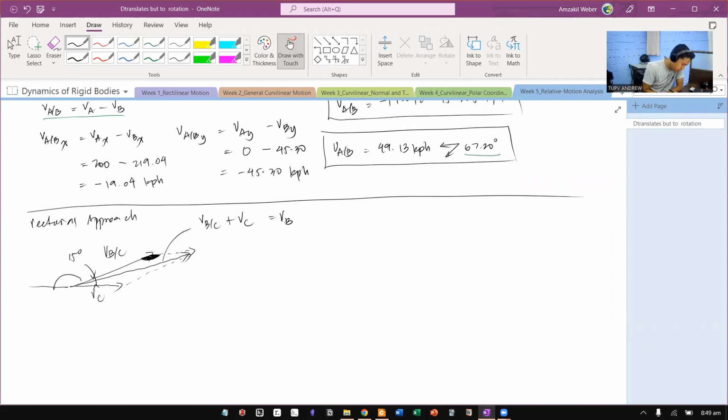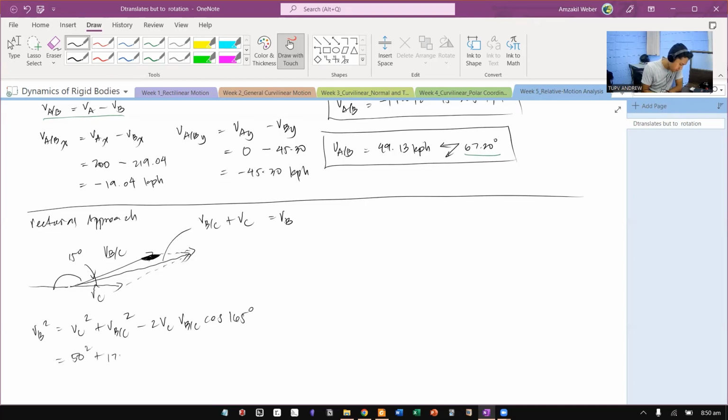Cosine law is VB squared equals VC squared plus VB plus C squared minus 2 AB cosine 165 degrees. Correct? Let's plug them in. VC is 50, VB is 175, correct?